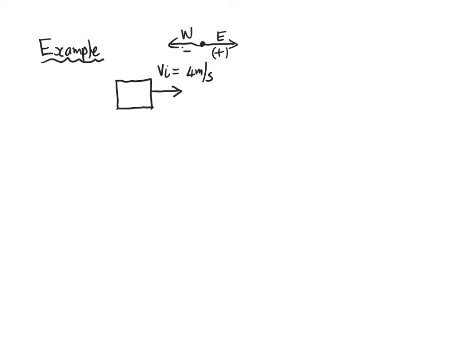Our sign convention is going to be positive to the east and negative to the west. So the initial velocity is 4 meters per second, and that position there is obviously x equals 0.